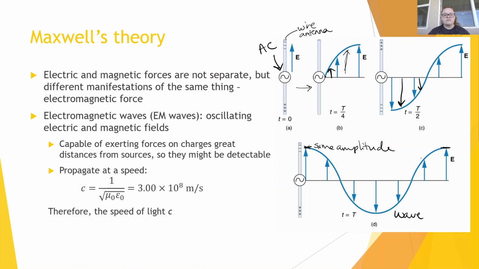So this propagation is the fact that this wave is moving away from our source at some velocity, and that velocity is equal to c, or the speed of light, okay?